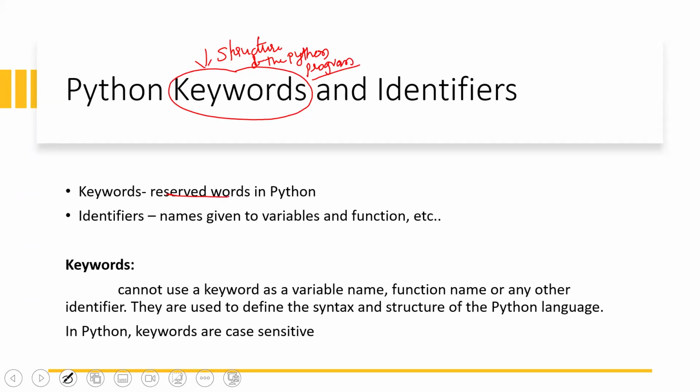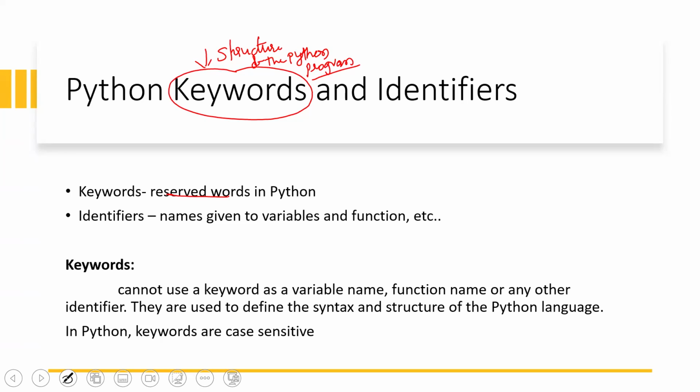Keywords cannot be used for variable names or for functions. Only to define the structure of the Python program will we use keywords. Keywords are the pillars of programming. Like the way pillars are the strong foundation of a house, keywords are also pillars for the Python program.